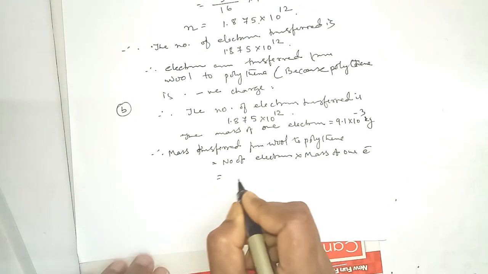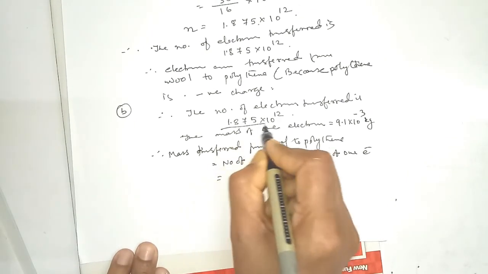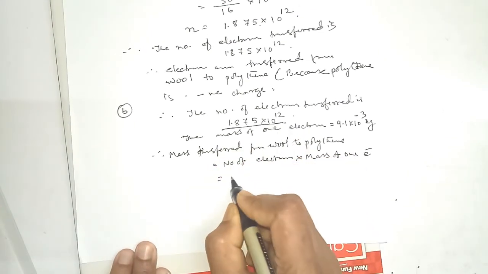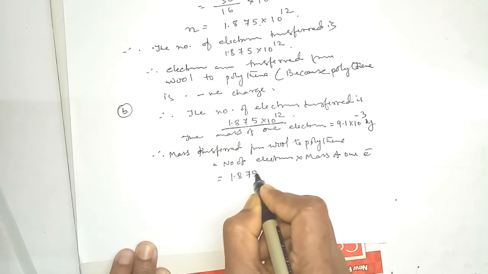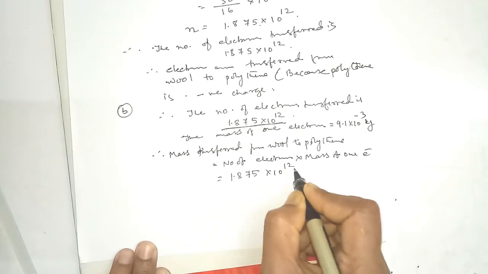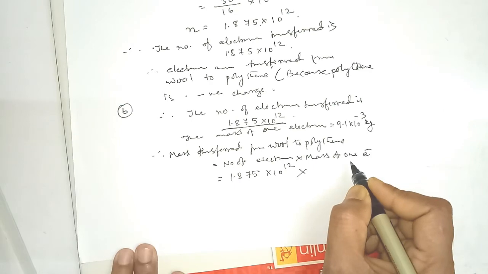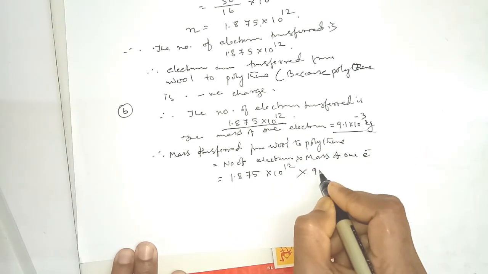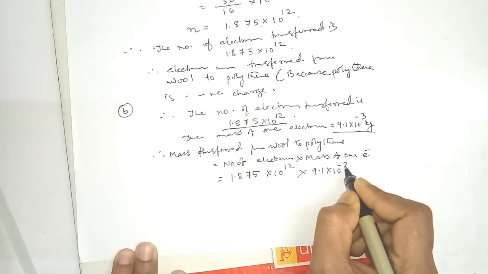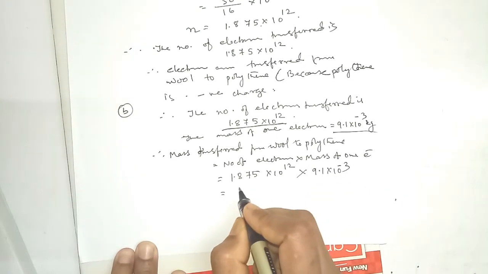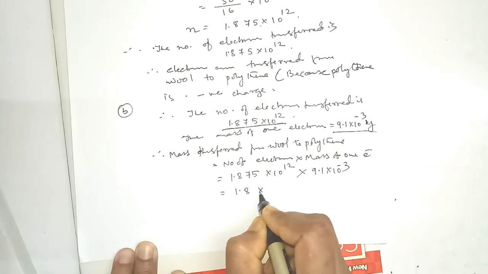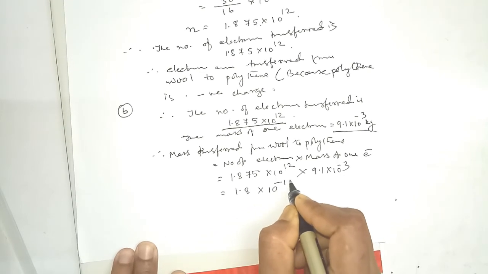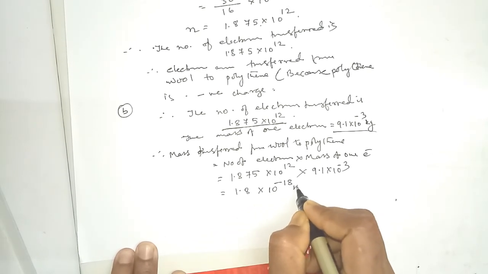The number of electrons is 1.875 into 10 to the power 12 and the mass of an electron is 9.1 into 10 to the power minus 31. So we can write 1.8 into 10 to the power minus 18 kg.